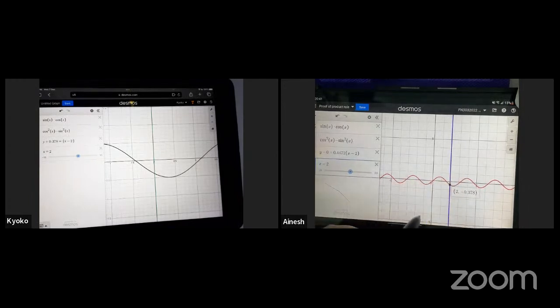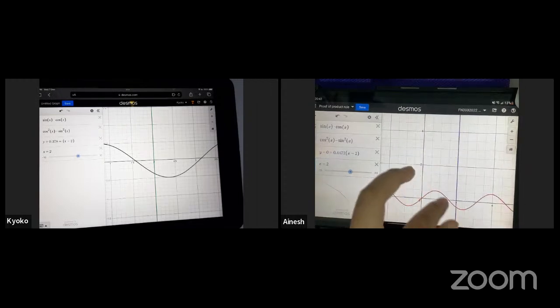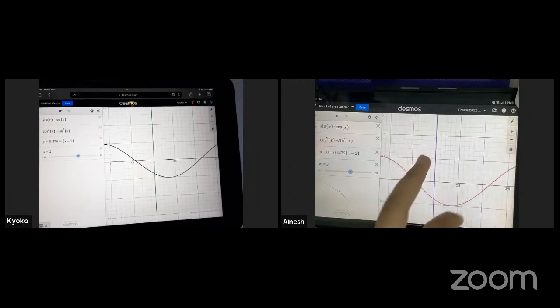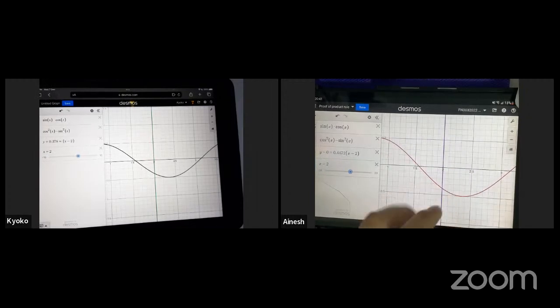Use your 2 fingers to zoom in. Even more so. If not, it will give you difficulty. Okay, around there. Now, I just asked Kyoko to change something because I was correcting her mistake, right? Ainesh, do you see what mistake happened originally?